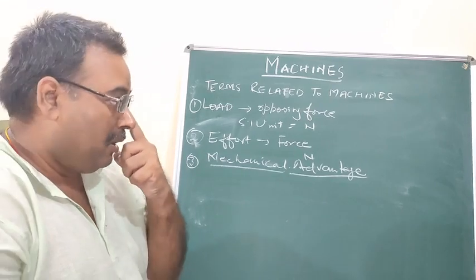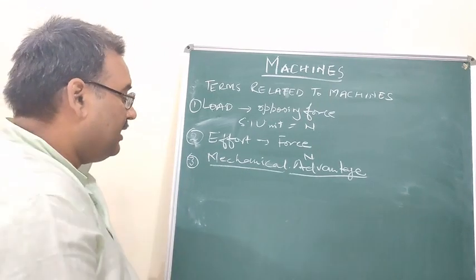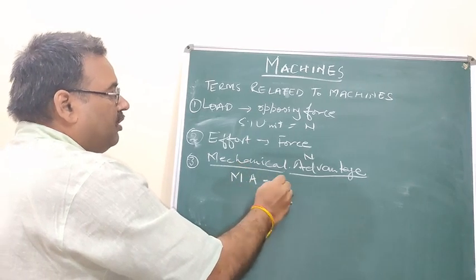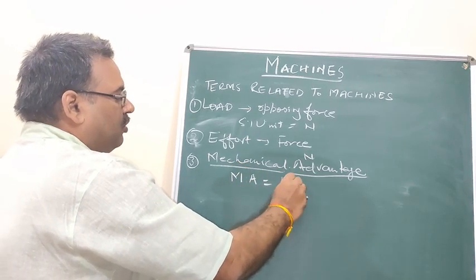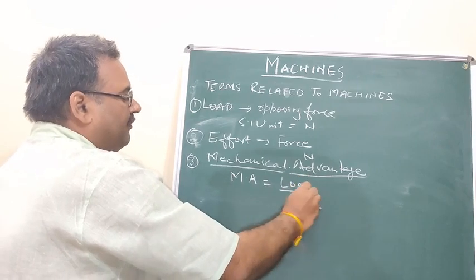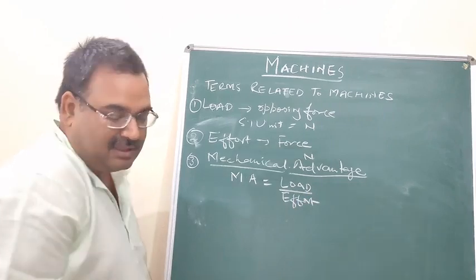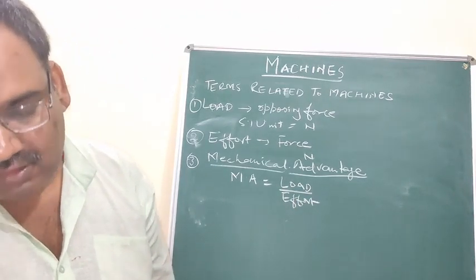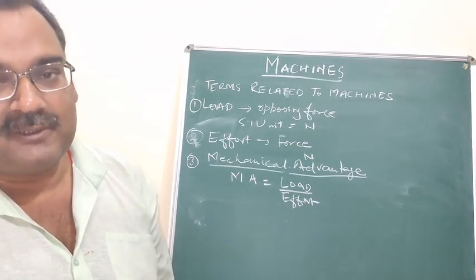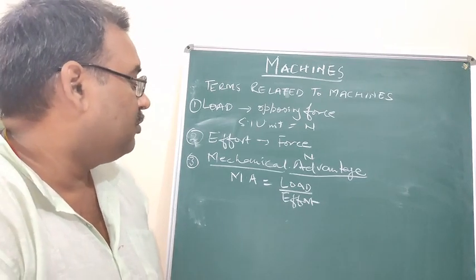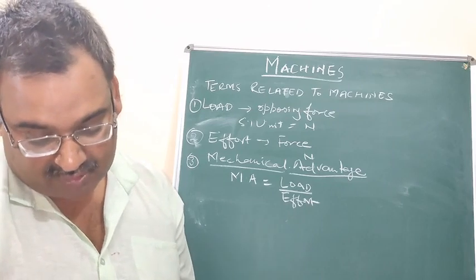So mechanical advantage, MA, is the ratio of load to effort. Load that is exerted over the machine to the effort applied on the machine.